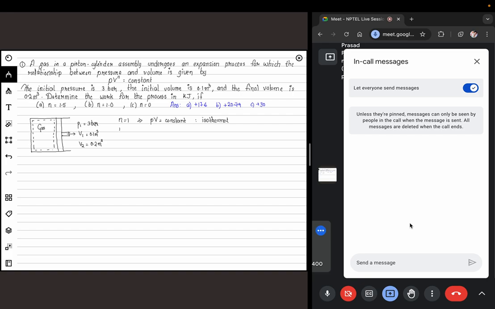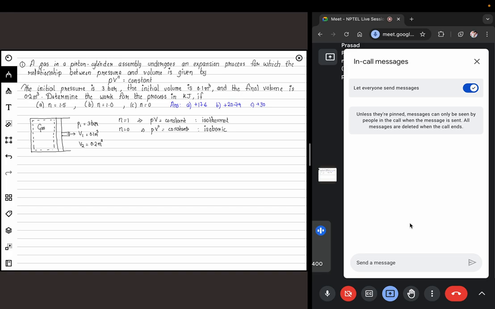And similarly, when n equals 0, we have PV^0 equals constant, which is essentially P equals constant, and that is an isobaric process. So in this question we'll be solving in 3 different scenarios: the work done for a polytropic process, for an isothermal process, and then an isobaric process.